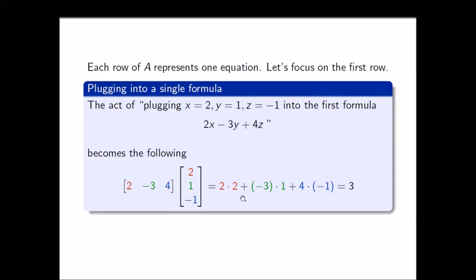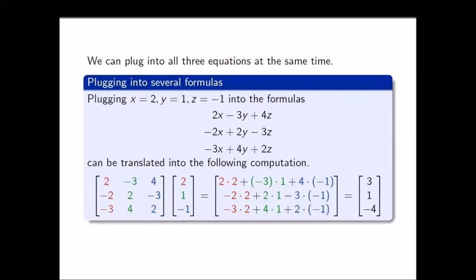And if this product ends up being the corresponding constant, then it satisfies the first equation. And if it satisfies all the equations, in other words, if we take each of the rows and we multiply them with the vector 2, 1, minus 1, and it ends up being the vector of constants, then it is indeed a solution to the linear system.